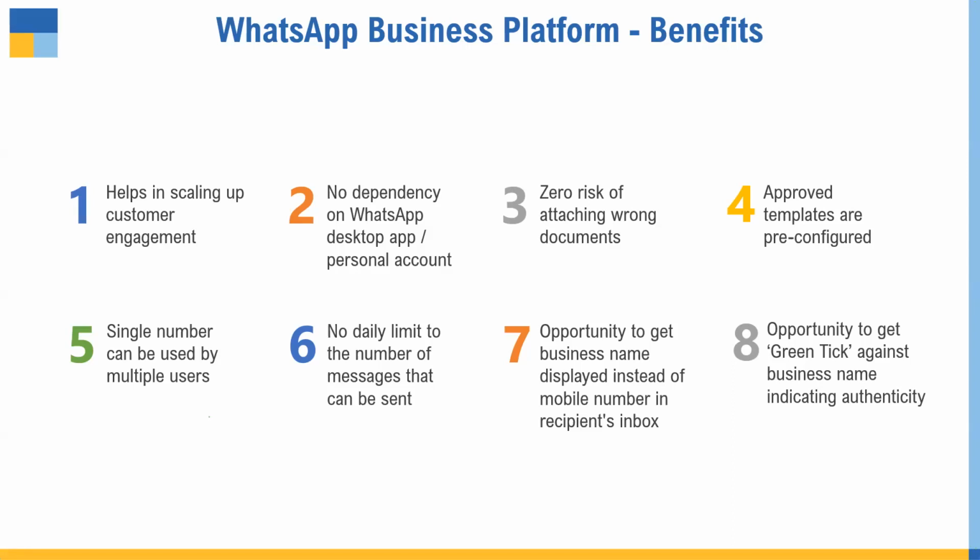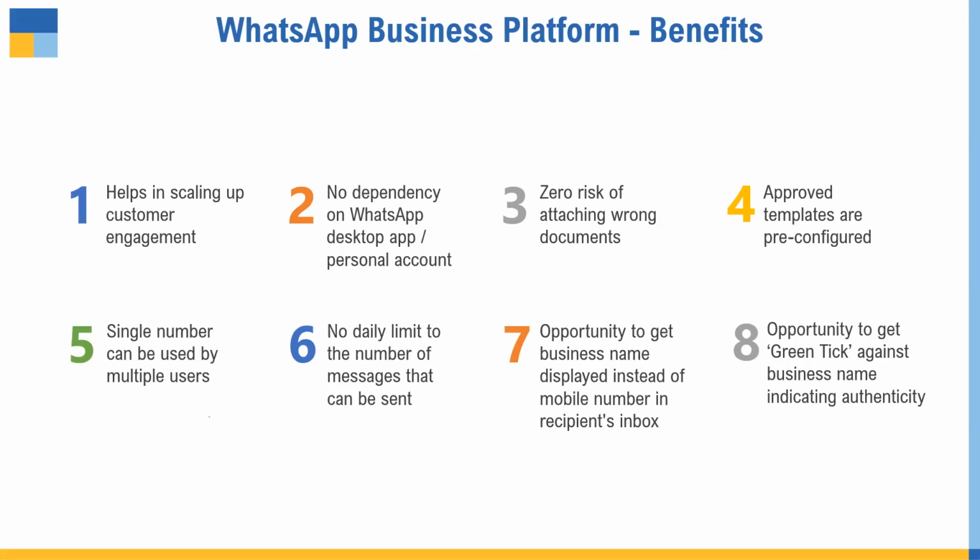And you have an option of putting your business name on the display instead of a number, for a campaign or for any promotions. You can have the name of that company coming on WhatsApp instead of a number. You might have seen Aramex.